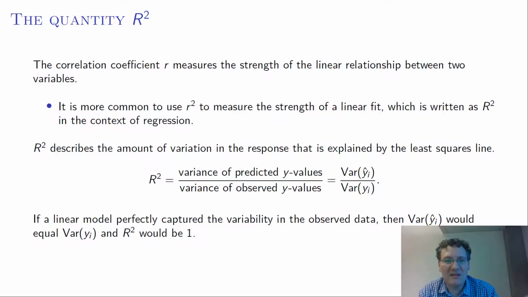As I said, it is actually the correlation squared, but it can also be interpreted as a ratio of variation. You take the variance of the predicted values and divide it by the variance of the observed values.